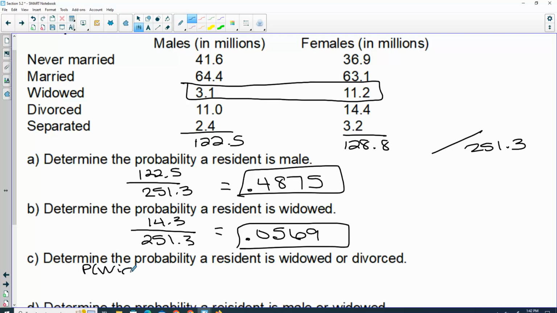Probability of the widowed plus the probability of divorce. Okay, widowed, we've already calculated it, or we could rewrite it. 14.3 out of 251.3 plus divorced.